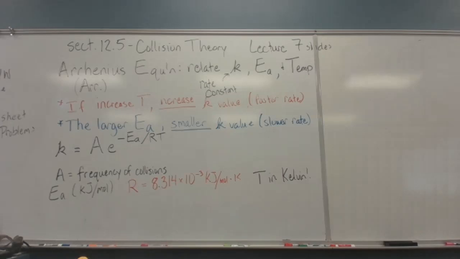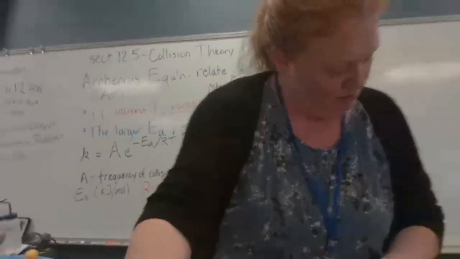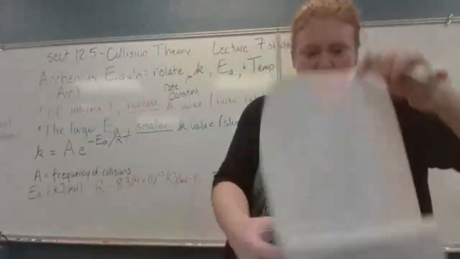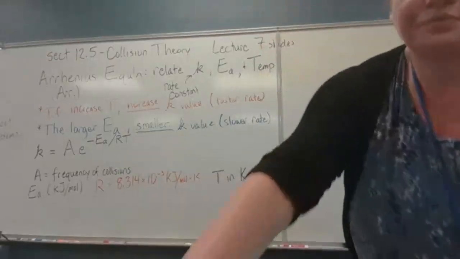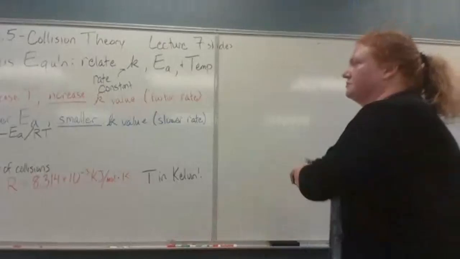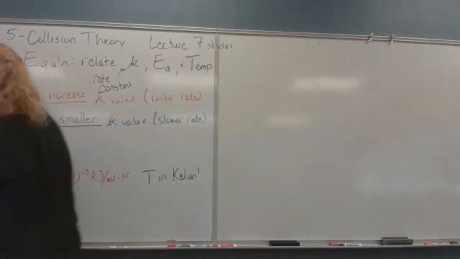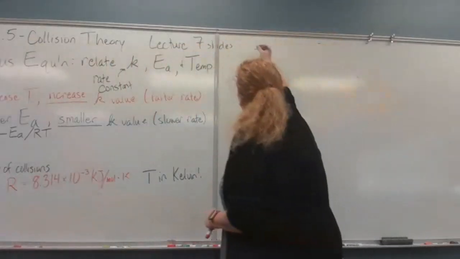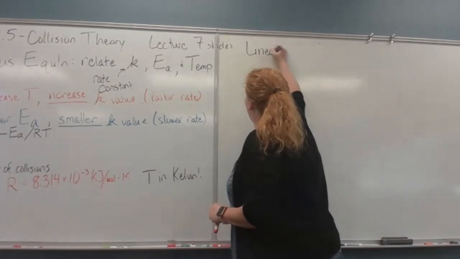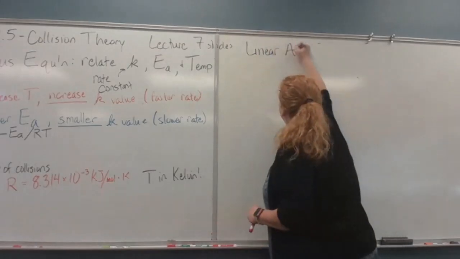All right, the other two versions of this equation. Let's do this first. Here's our Arrhenius equation. Just like with the Clausius-Clapeyron, I can take that equation and integrate it and get a linear version.